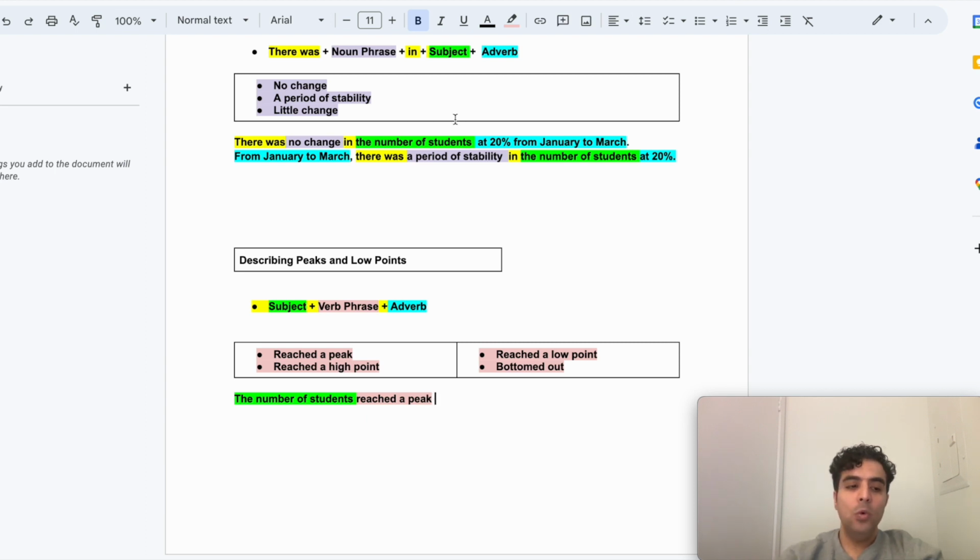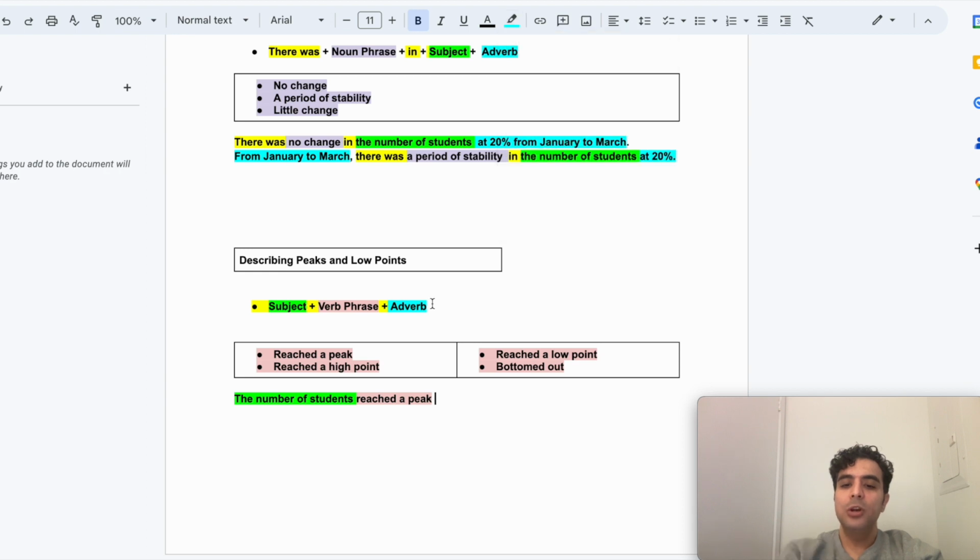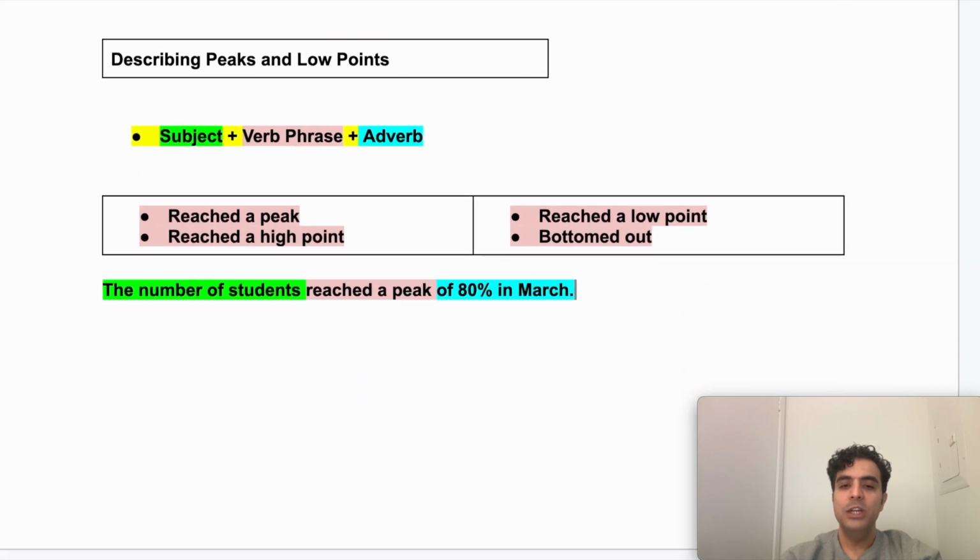What about the quantity? So immediately after peak, you're going to say a peak of 80%, right? And then you need to mention the time period. So let's say it's in the month of March. There, the number of students reached a peak of 80% in March.